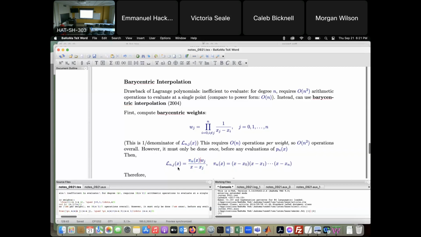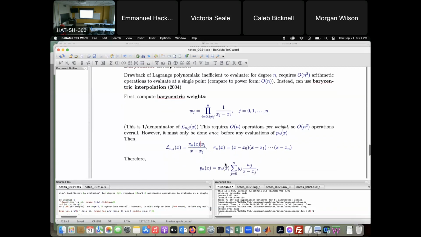Okay, so now, using this form of Lagrange polynomial, here's what I can do. So I have P n of x, which is equal to the y values times the Lagrange polynomial. But as I mentioned, pi n of x is a common factor, so I can pull it out of the sum.